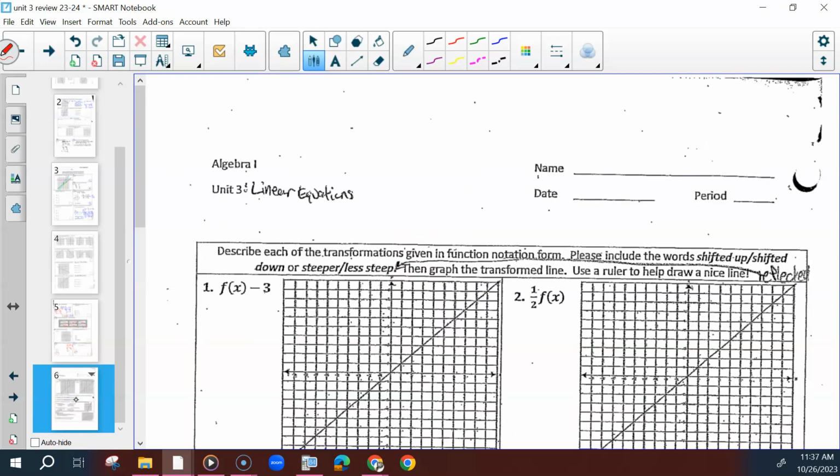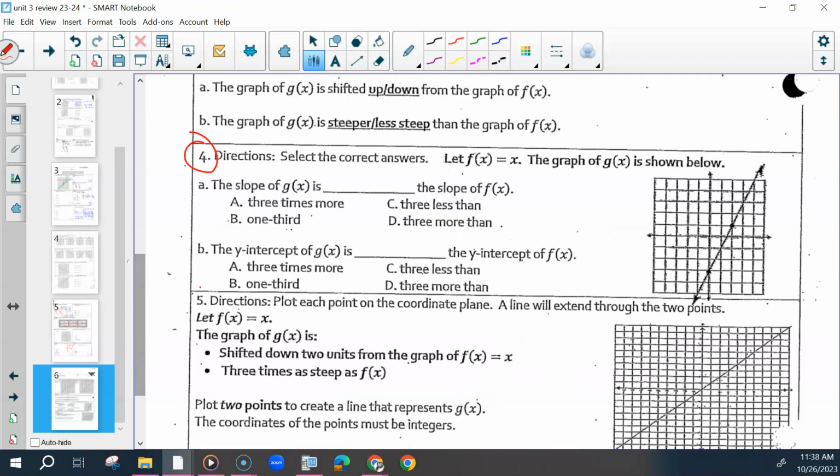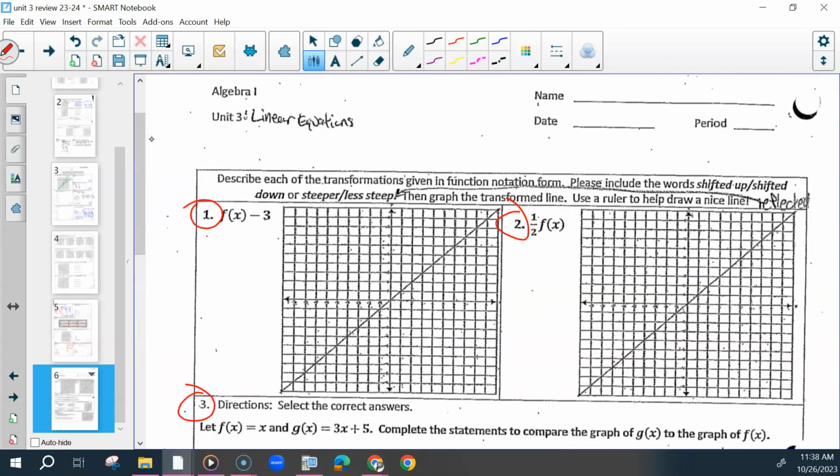Questions on any of these? 1, 2, 3. Okay, so for number 1, think about your transformation words.